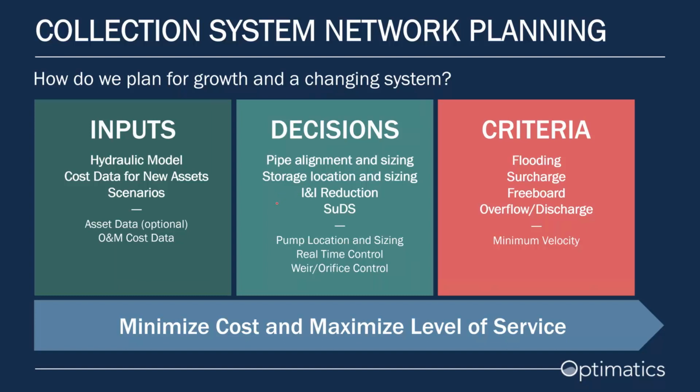So for this project, it was important to think about the traditional conveyance and storage upgrades, but then also looking at what could we do with green infrastructure to solve this flooding problem. The criteria here, we were looking at obviously flooding, surcharge and freeboard, and the overflow or discharge in the system. So overall, we're minimising cost and maximising level of service.